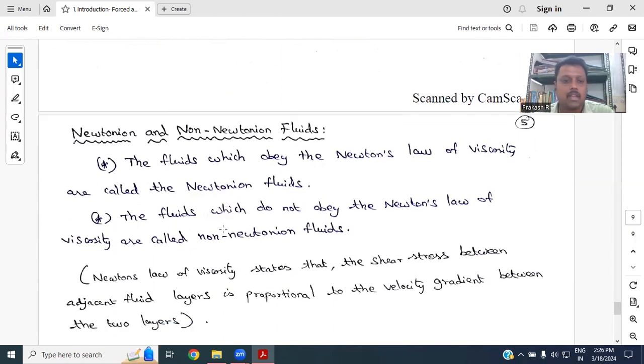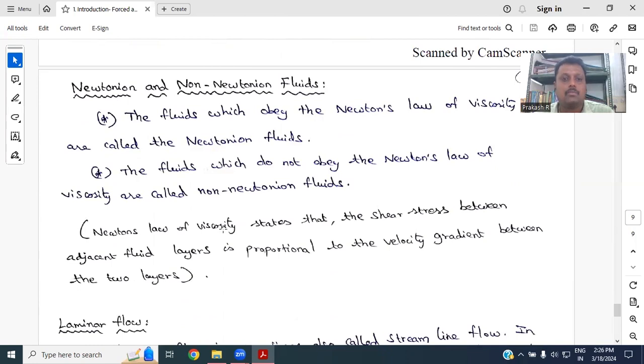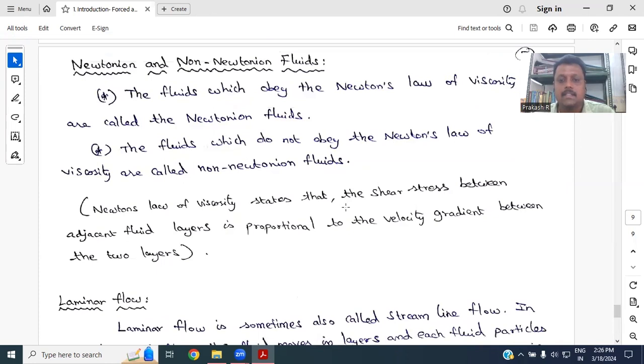of heat transfer. And next is what is a Newtonian fluid and what is a non-Newtonian fluid. When the fluid obeys Newton's law of viscosity, it is called a Newtonian fluid. When the fluid does not obey Newton's law of viscosity, it is called a non-Newtonian fluid. What is Newton's law of viscosity? It states that the shear stress between adjacent fluid layers is proportional to the velocity gradient between the two layers.